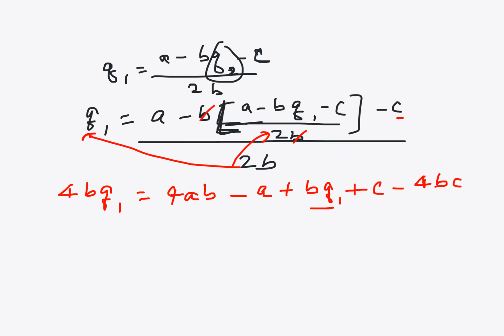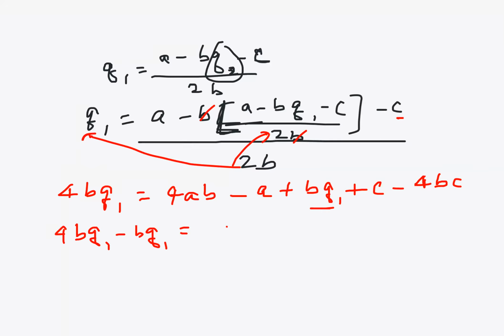So 4BQ1 minus BQ1 equals 4AB. Then you're left with 4AB minus A plus C minus 4BC, right?